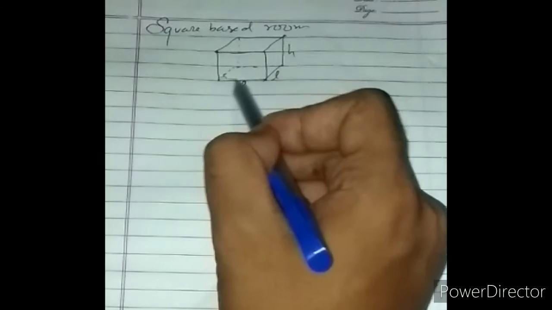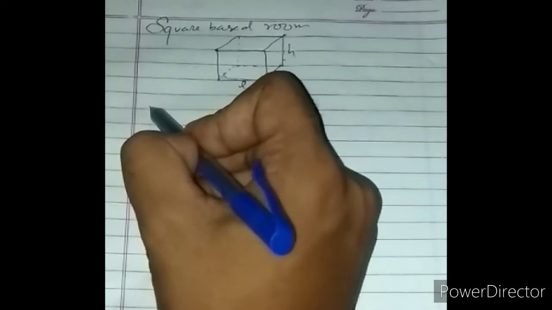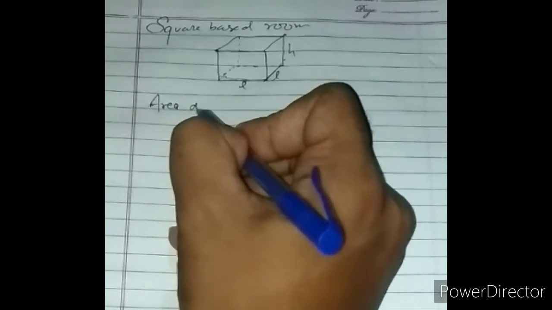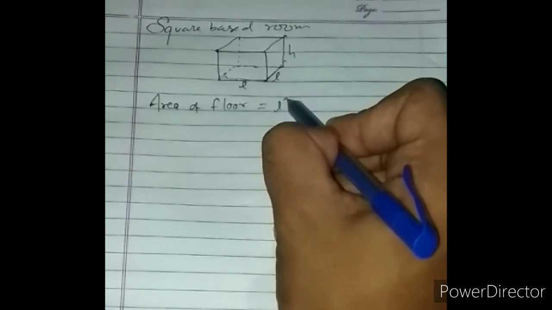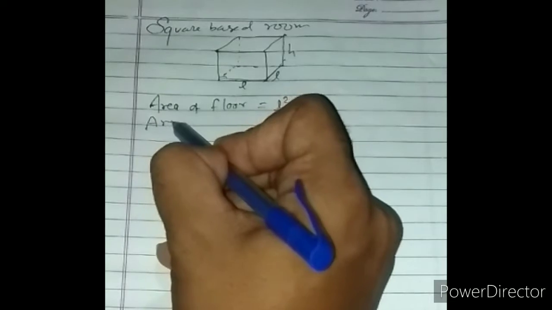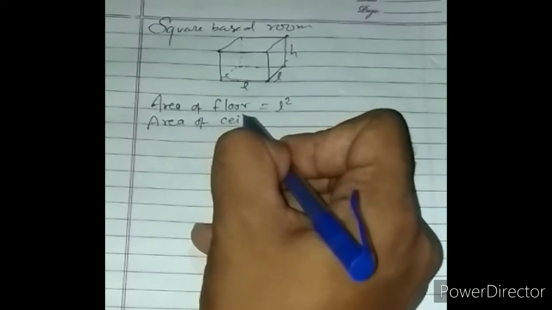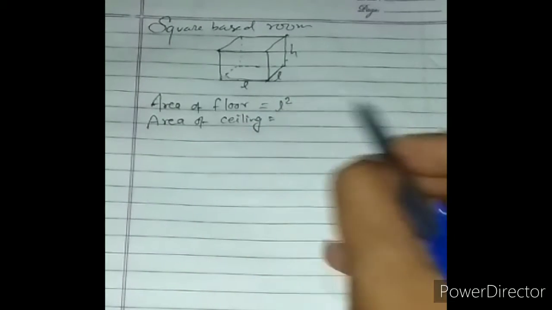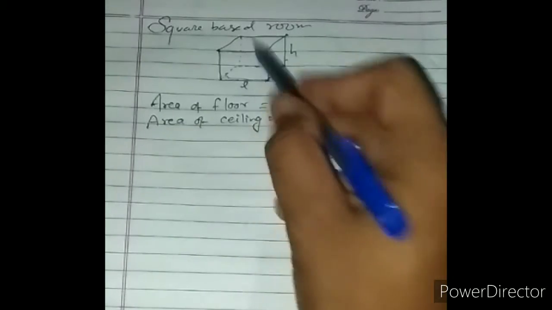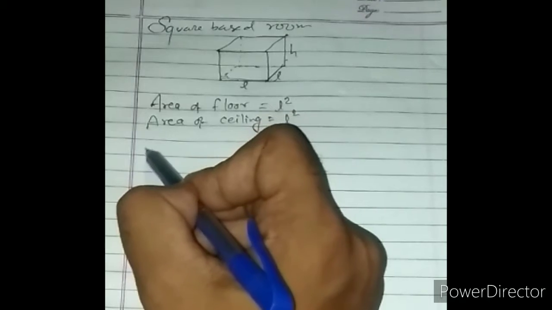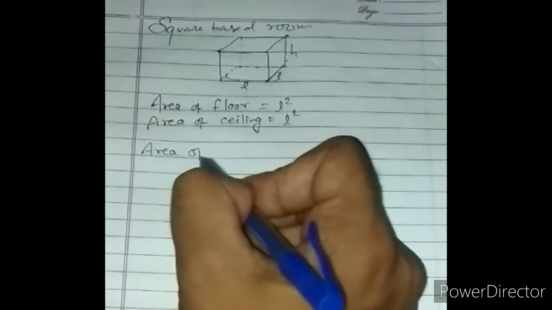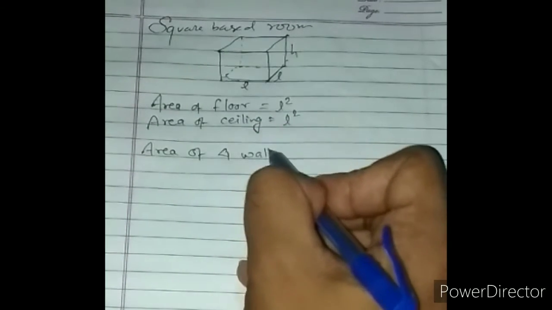If the base of the room is square, length is L, breadth is also L, then area of floor is L into L, that is L squared. Area of ceiling is also the same, because base and ceiling are congruent, so L squared.